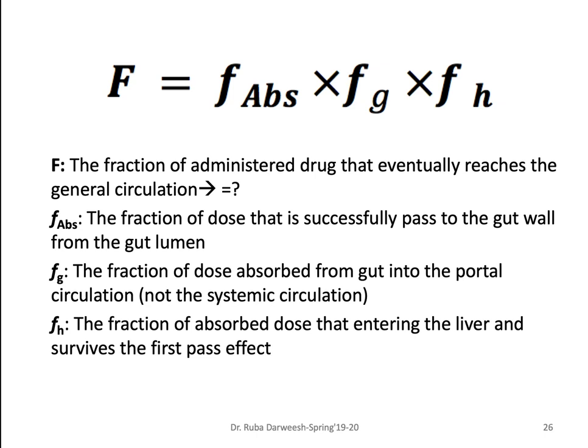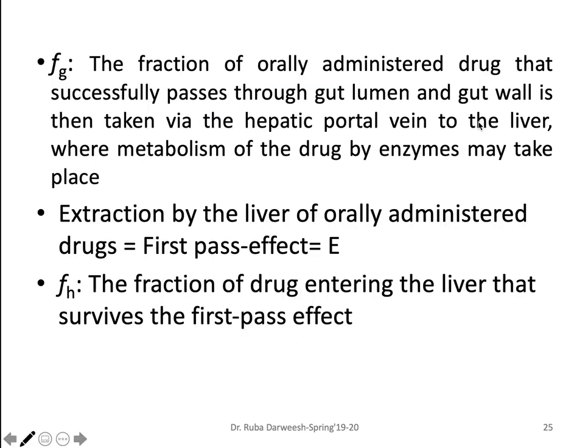But we have the fraction that successfully passed through the gut, this is the first one. We have the fraction that successfully passes from the gut into the portal vein, which is the second one, and then the hepatic, which goes directly to the systemic circulation and survives the first pass effect of the liver.